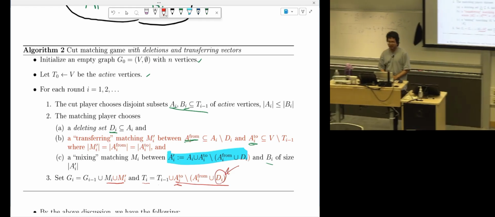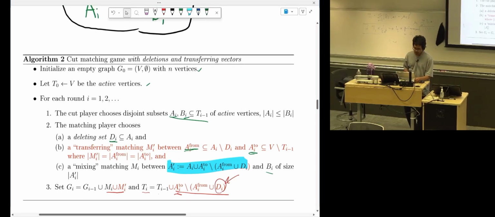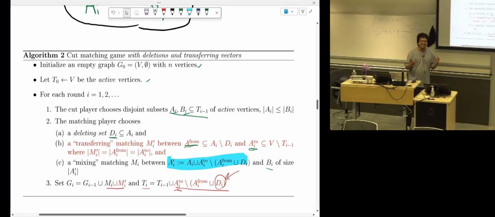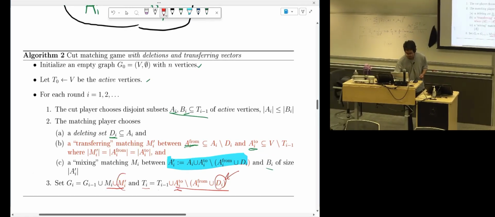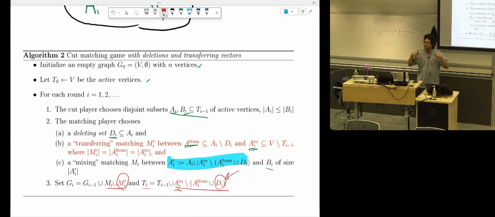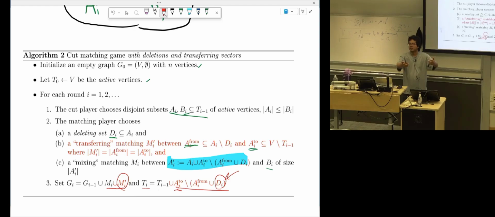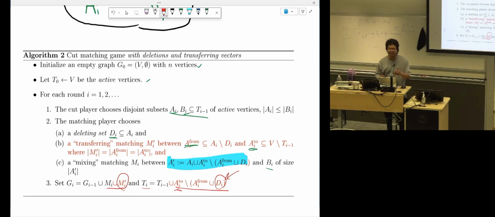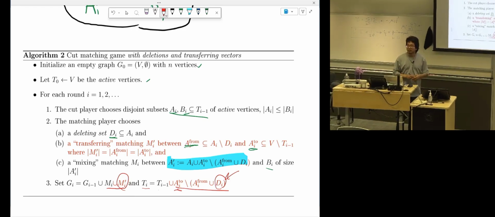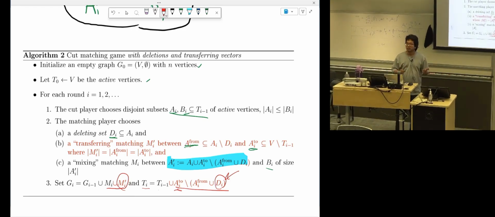But you see, as long as you believe that the transferring matching here allows you to move vectors for free without changing the potential, then you should be convinced that if you run this game for log square rounds, this thing will happen.